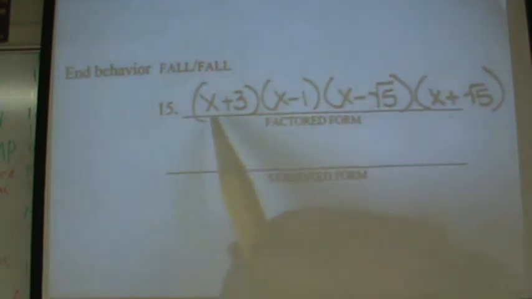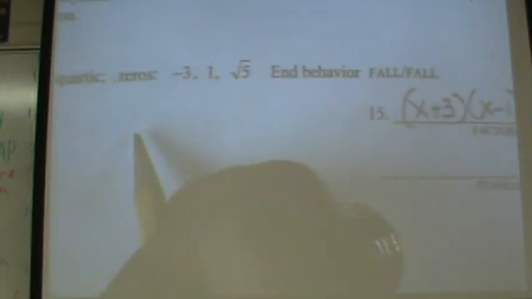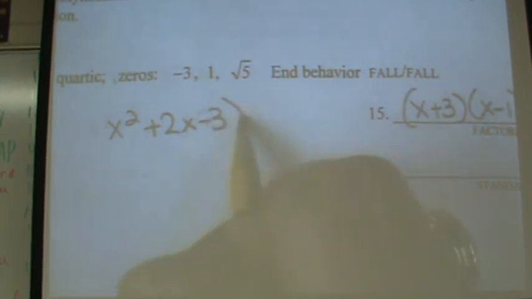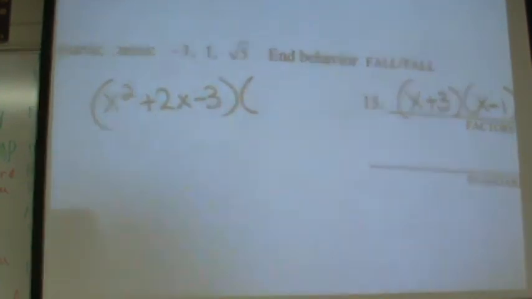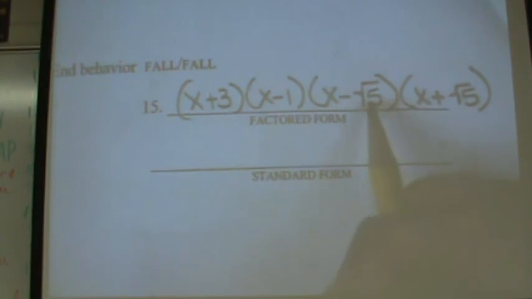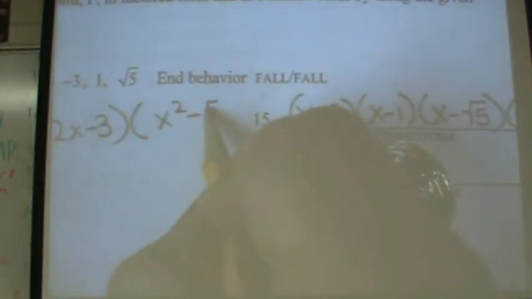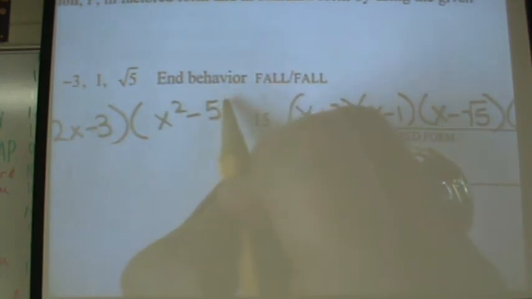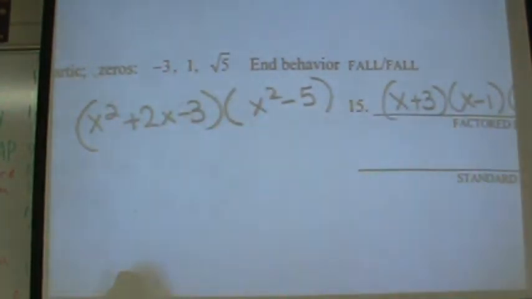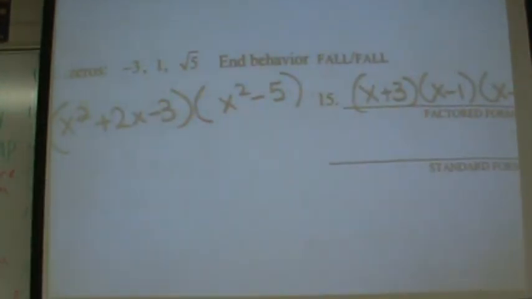So if you were to factor these two, you get x squared plus 2x minus 3. And for this one, if you were to factor it, you get x squared minus 5. And what you'd want to do here is now FOIL this and get your polynomial in standard form.